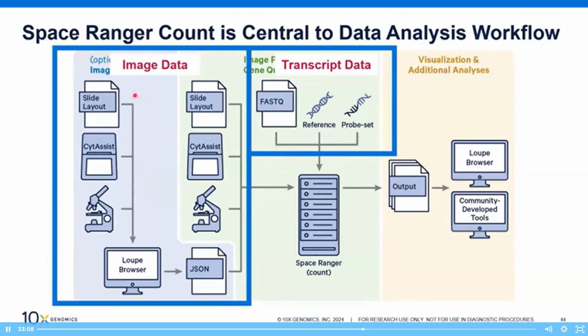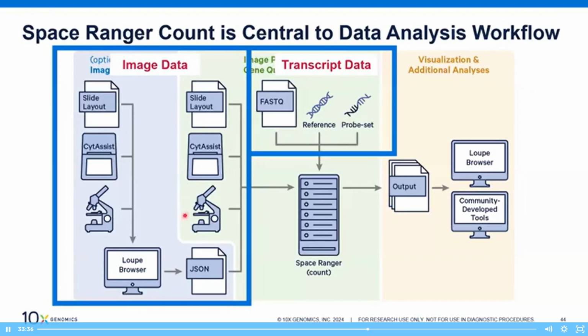There is an optional step if you want to look into the alignment of your tissue to the slide itself. You can go into the Loupe Browser and do a manual alignment of your tissue to the slide architecture. This is not necessary. This is not mandatory. This is an optional step for you if you think the alignment does not look fantastic.